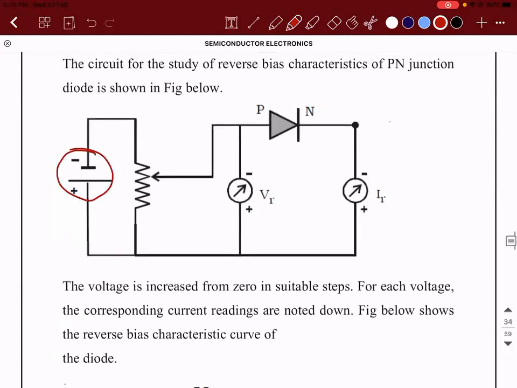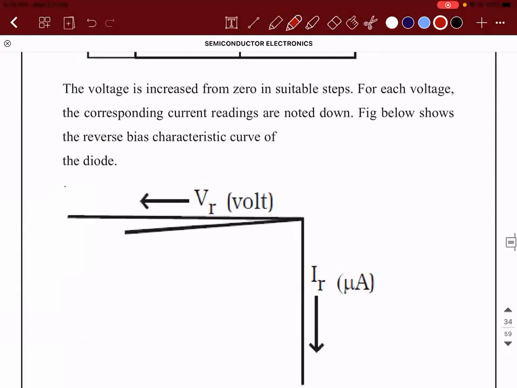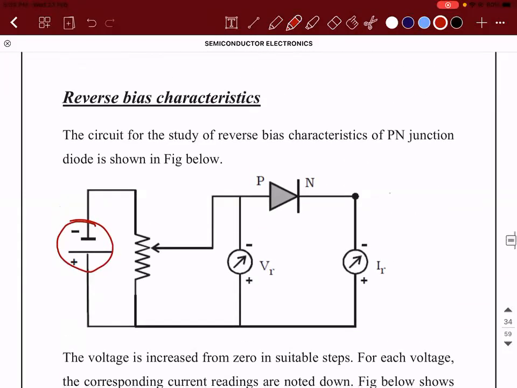So in this case, can you tell me the steps that are occurring first? The width of the depletion region becomes wider. Second, after a point, what will happen? After a point, will the depletion region be able to sustain?